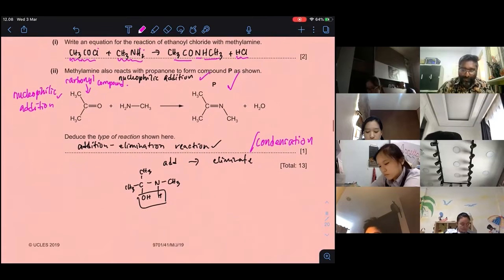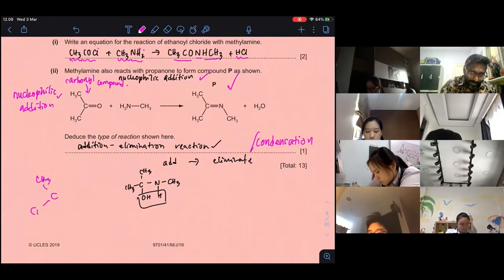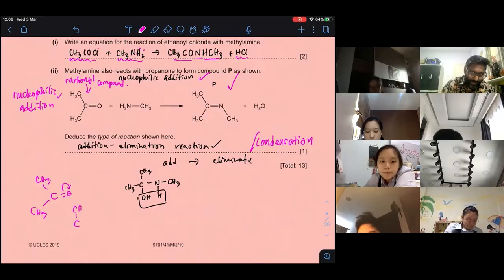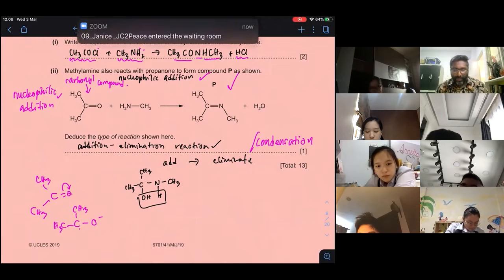Why? First of all, when I have CH3 CH3 C=O, the double bond changes, because oxygen is more electronegative. So you are going to get CH3 CH3 C with O minus, and one bond pending.